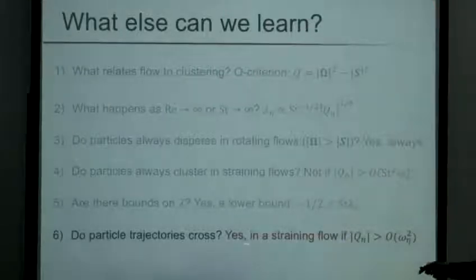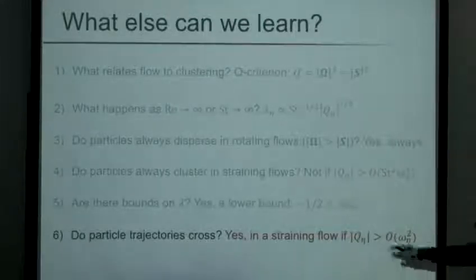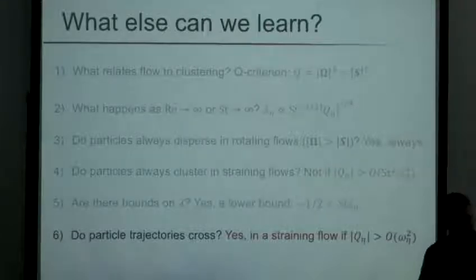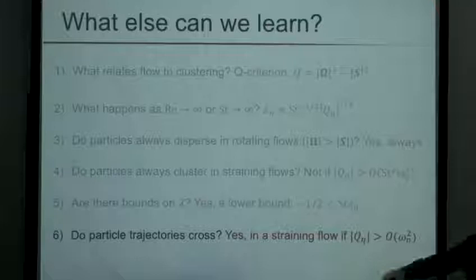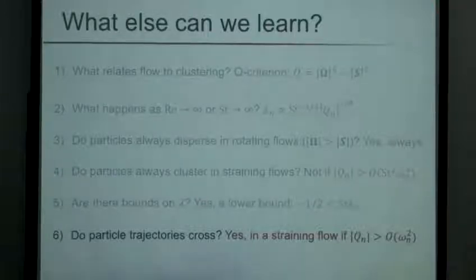So this is an old one, some of you already know: whether particle trajectories do cross or not. This has been verified with some experiments, and the analysis shows you that actually yes, they do. The trajectories do cross if certain conditions are satisfied.